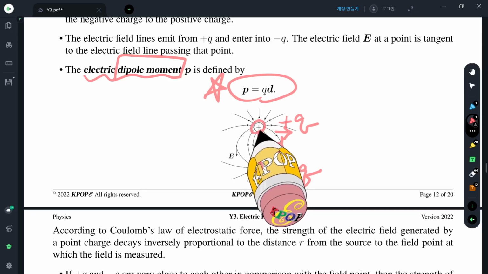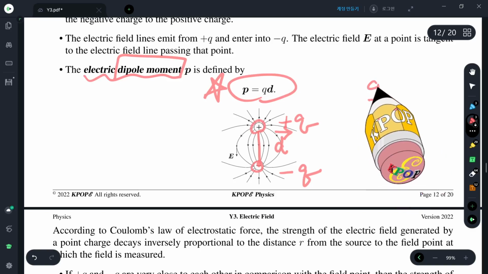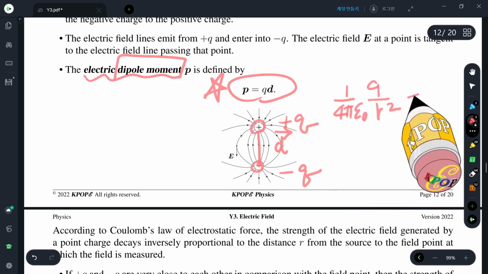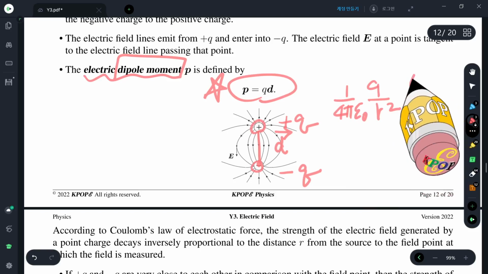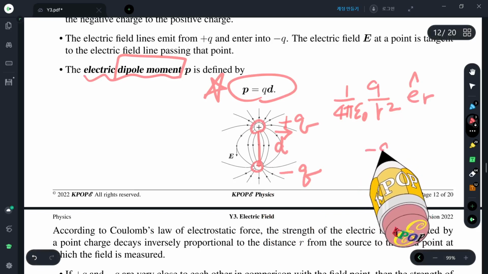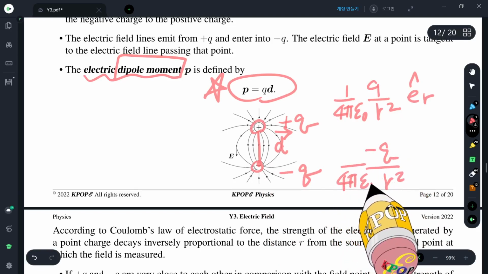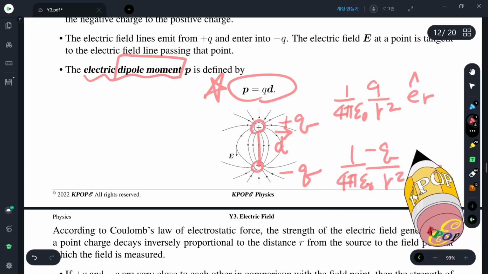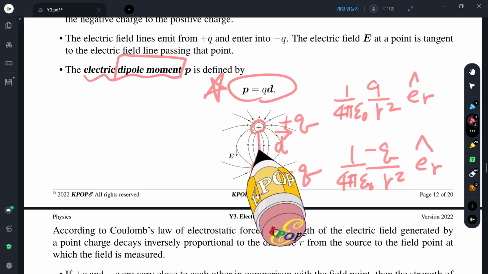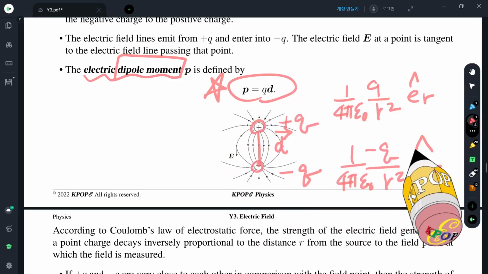The contribution of the electric field is 1 over r squared, q over 4 pi epsilon 0, e_r, something like that. The contribution of the negative charge, if they were at the same point, the net electric field must vanish.